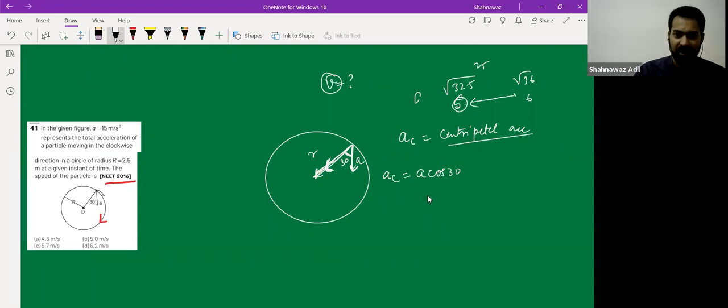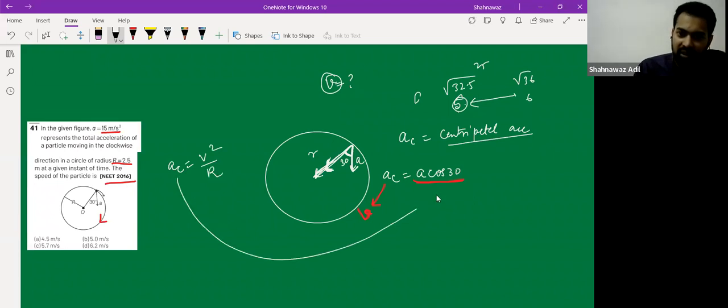The acceleration is given and the radius is given, so you can calculate the centripetal acceleration, and it is related to v. Centripetal acceleration is v square by r.